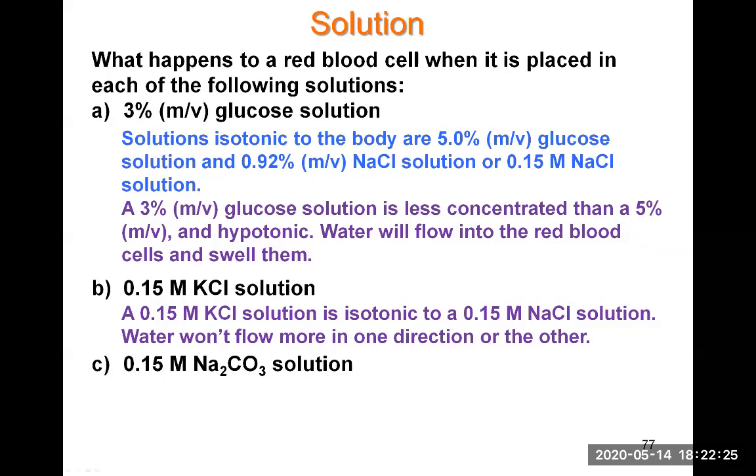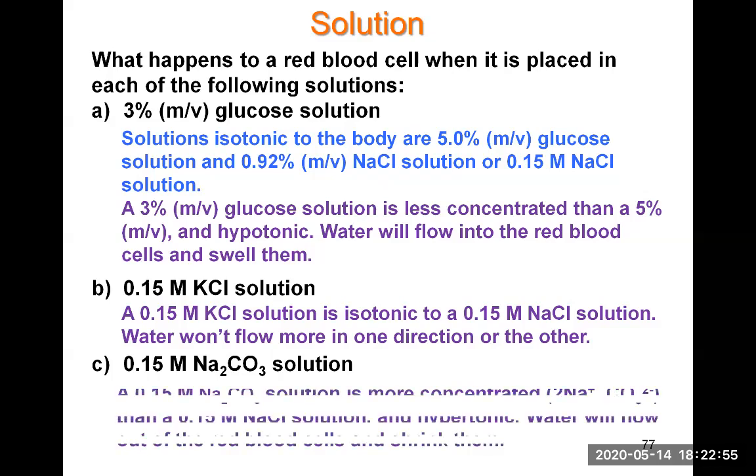So it's more concentrated than the 0.15 molar NaCl because you have 3 particles per formula versus 2 particles per formula. Starting with the same 0.15 molar value, there will be more particles in the 0.15 molar Na2CO3. So it's hypertonic to the intracellular fluids of your red blood cell.